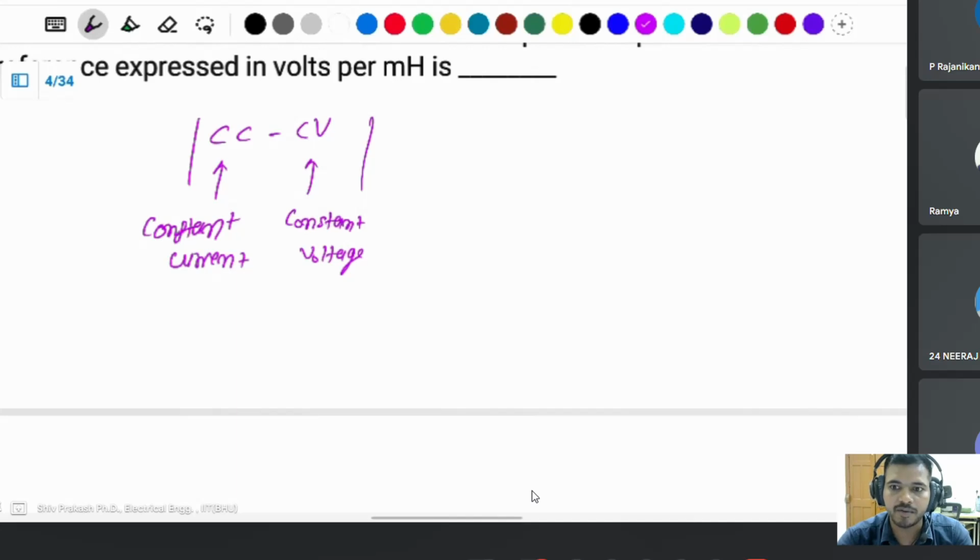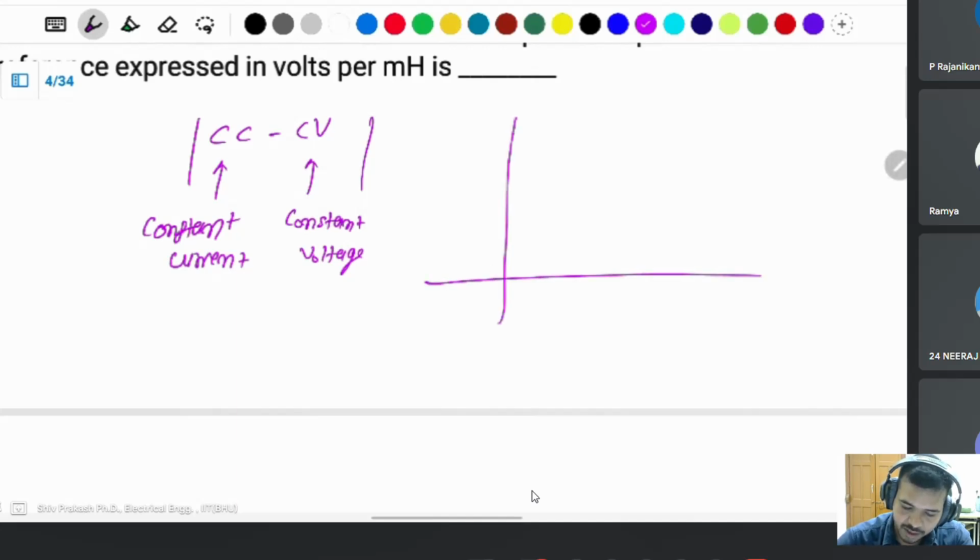Very fast, with 100 ampere current you can charge the battery suddenly. But there is a limit. It will be a particular voltage, a particular SOC. Till that SOC, you can charge with constant current. Then after that you use the constant voltage mode.